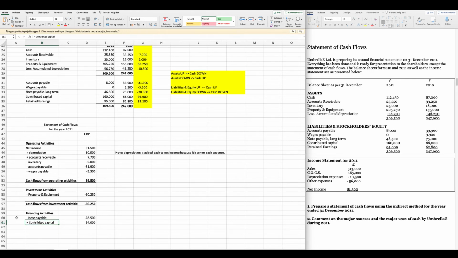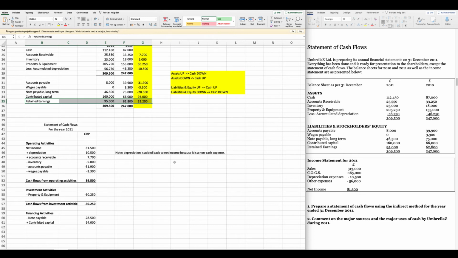Finally, what you have to do as a slightly more perhaps confusing or tricky thing, if you like, is that you want to look at retained earnings. If the change of retained earnings more specifically corresponds to the net income, then you know that no dividends have been paid out.